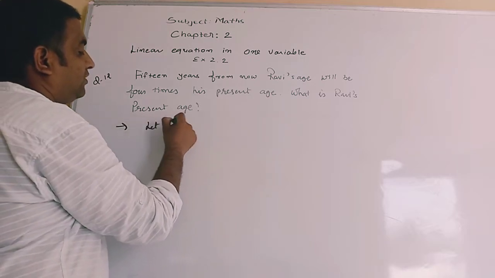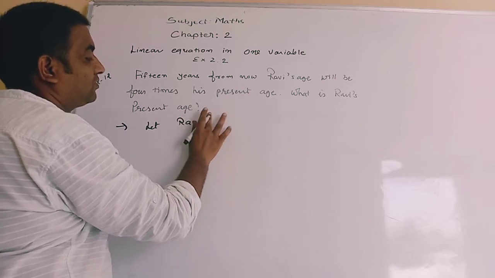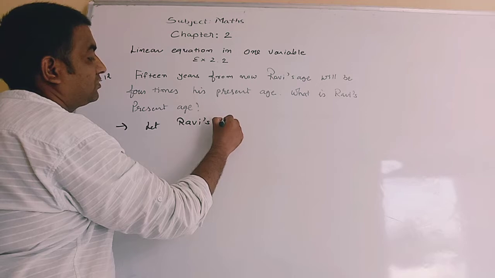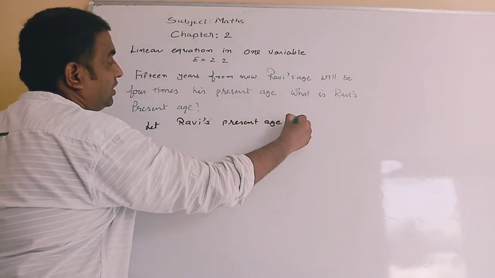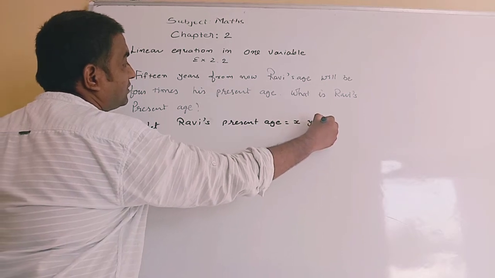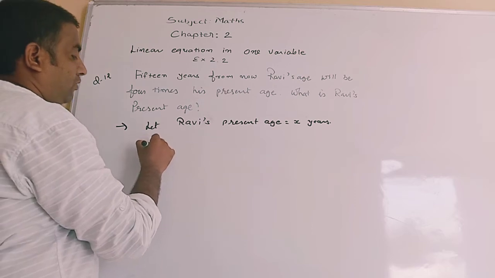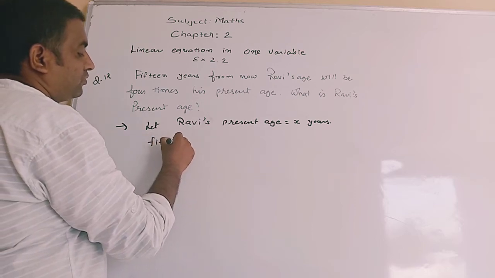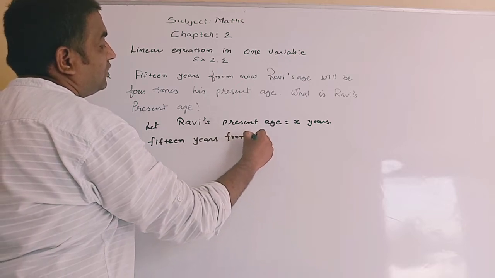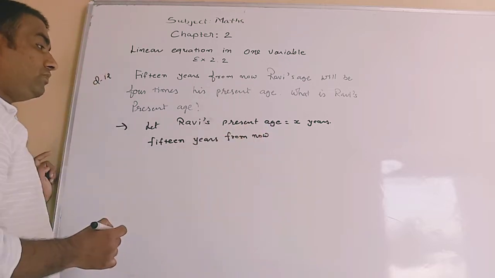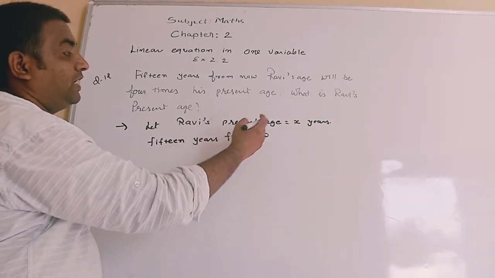So let Ravi's present age equal x years, and so 15 years from now, he goes into the future, and so age will increase.